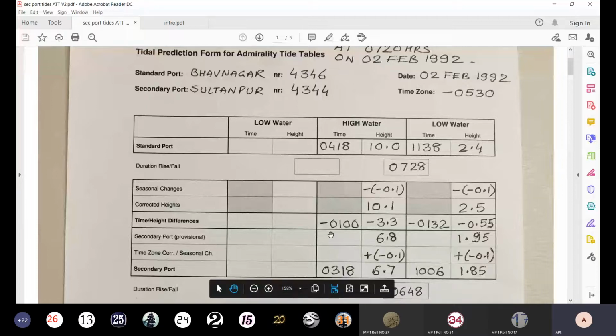See this: the standard port data from part 1, time difference from part 2, and you get the secondary port time. Similarly, low water time for the standard port, time difference, and then you get the secondary port time of low water, 10:06.